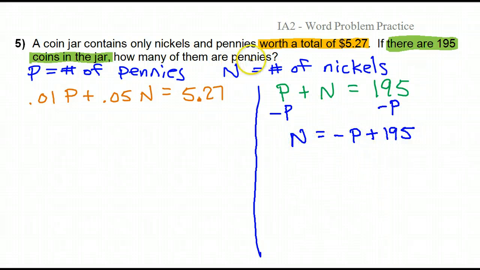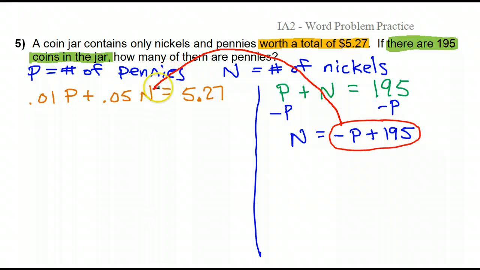I'm trying to find p, pennies. But here's why I did it that way. Because I know that when I substitute, it's this stuff over here that's going to stay in the equation. I'm taking this and using it to replace n right there. I got n by itself, so that means n gets replaced.